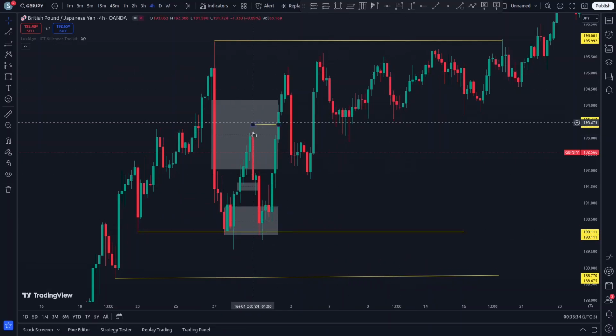Price moved down to this range and filled up this order block. We have some manipulation here, and when price filled up this order block, there's this liquidity. It gravitates to the next liquidity area, which is this high here.